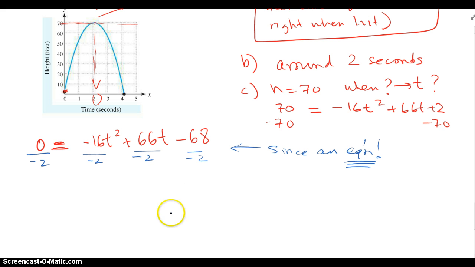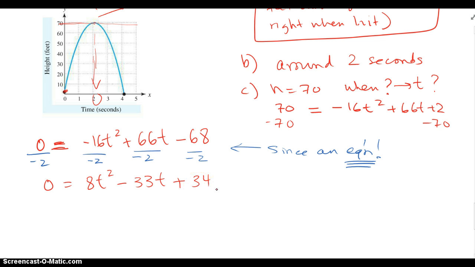If it was just an expression, I couldn't do this. So I divide everybody by negative 2 to make the numbers smaller and the leading coefficient positive. 8t squared minus 33t plus 34.